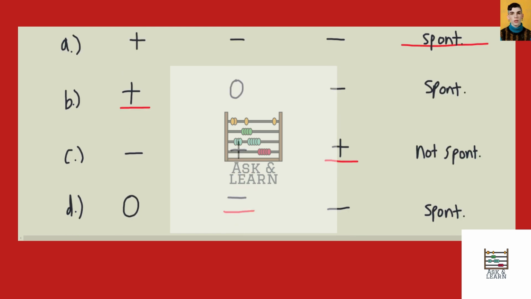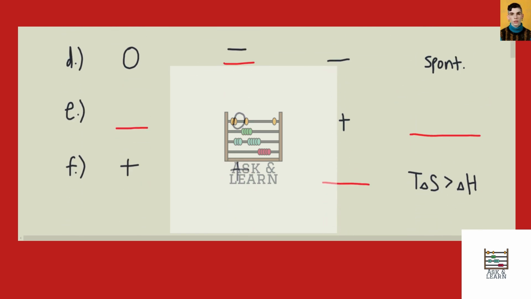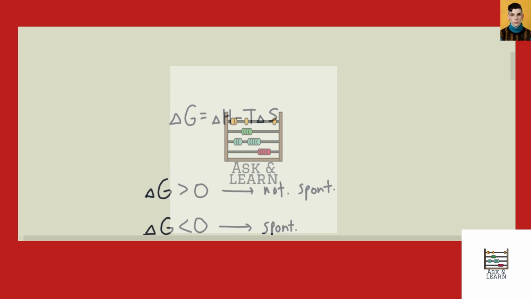In part E, we are told that delta H is 0 and delta G is positive. Temperature is always positive since it's measured in units of Kelvin.